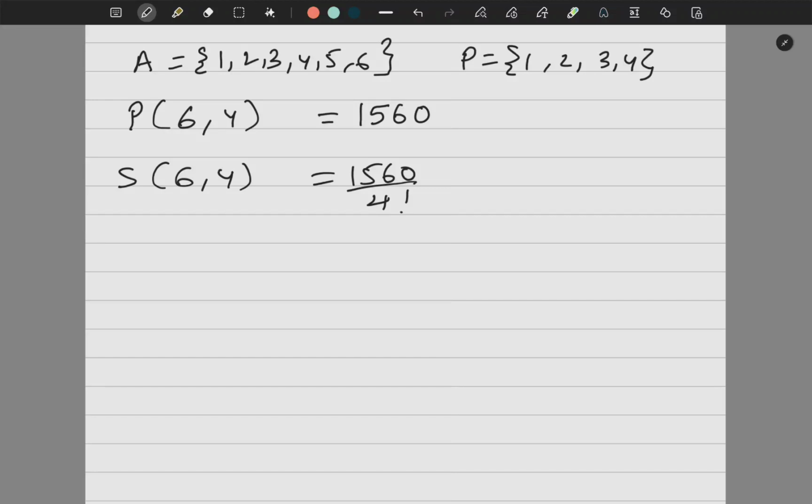Okay? Now let's do one more question to understand it in a much better way. The next question is: find S(5, 4), S(8, 6) and S(5, 3). When they directly ask for S, you can use your recurrence relation also. Let me show you one so that you can do the other two.